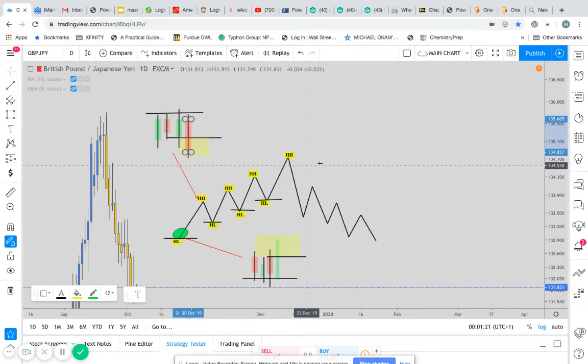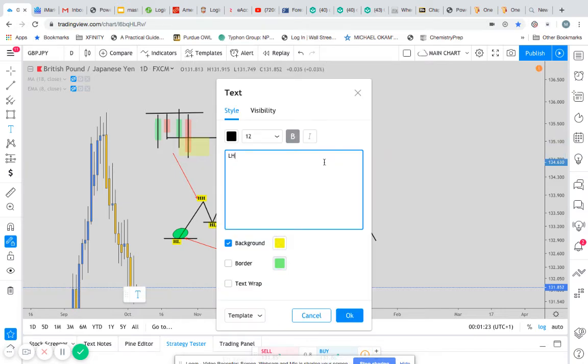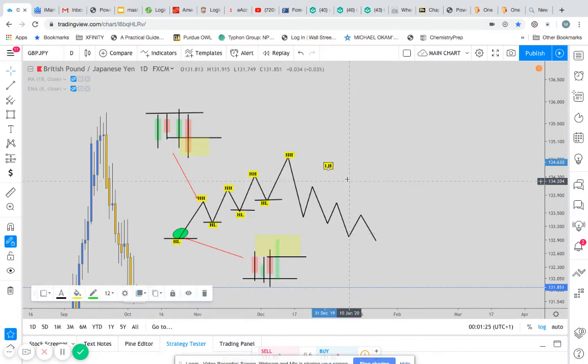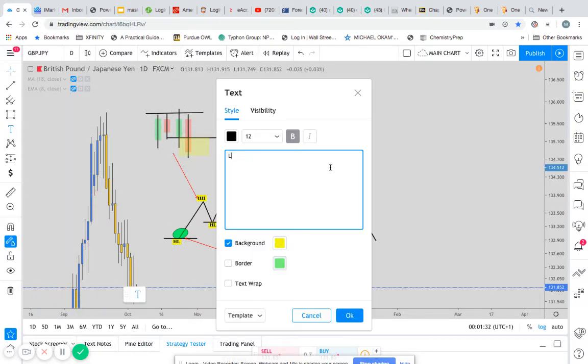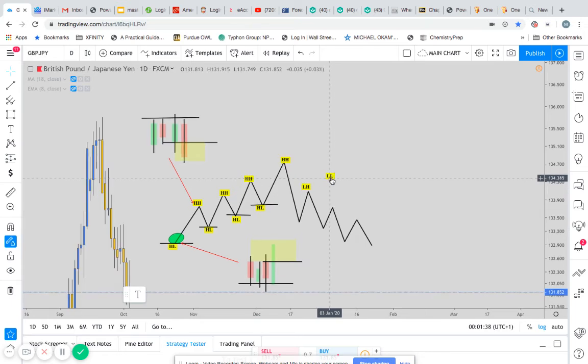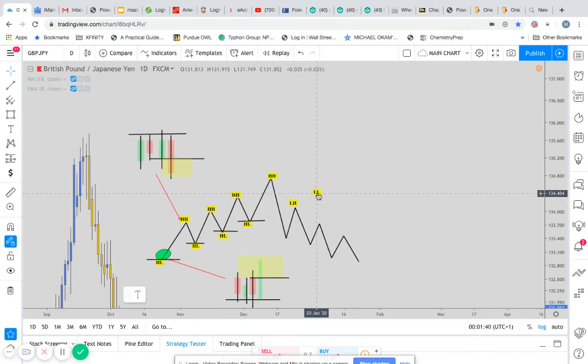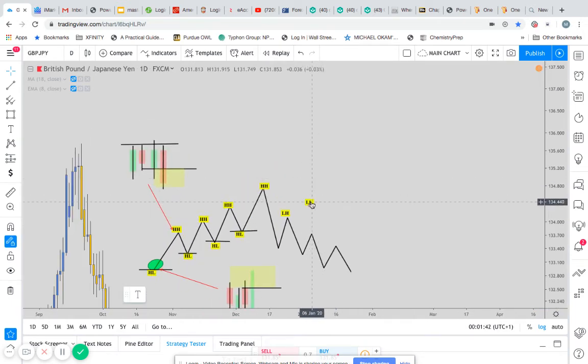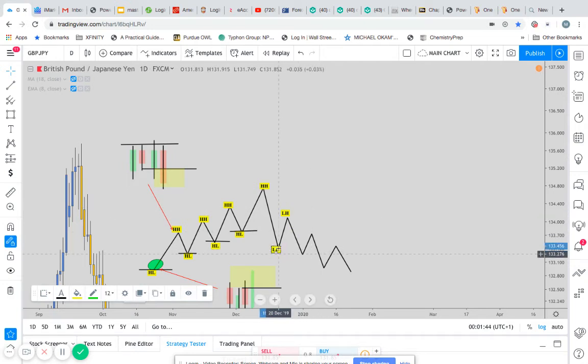Now, on a downtrend, you got lower highs and lower lows.